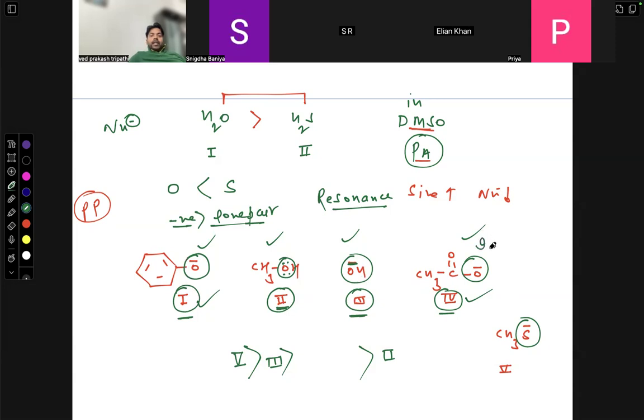It would form identical, and this is non-identical. So first and then 4th. Make sense? Please tell me everyone, it makes sense? All done?